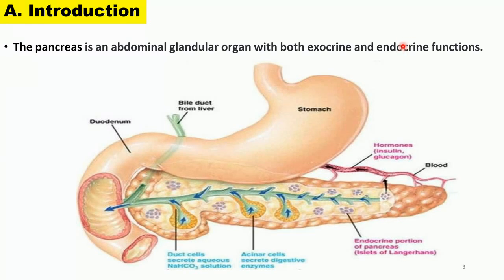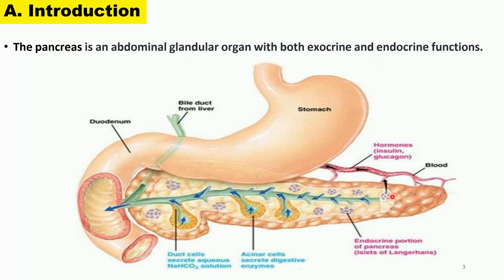Endocrine glands are glands that empty their secretions into blood. The pancreas does that. It has unique collections of cells that we call the islets of Langerhans, which specifically produce particular hormones into blood. Because of that, the pancreas can be called an endocrine gland.